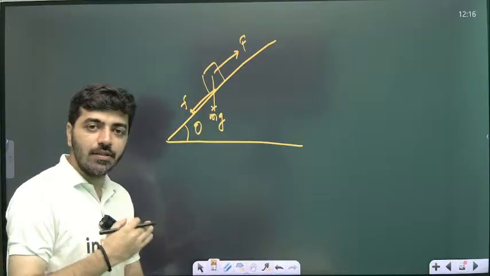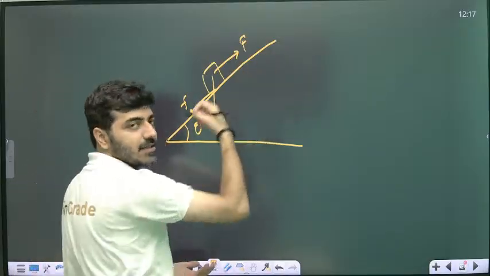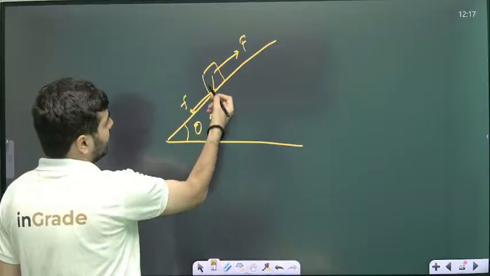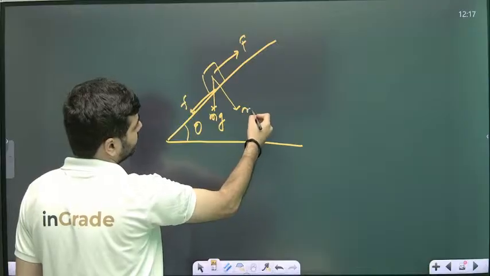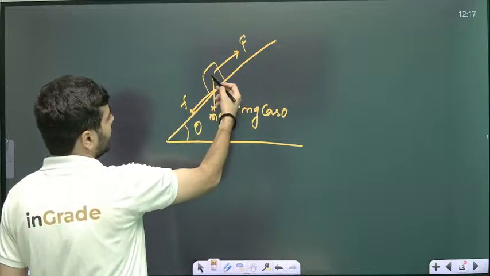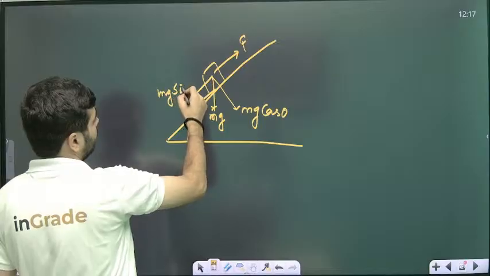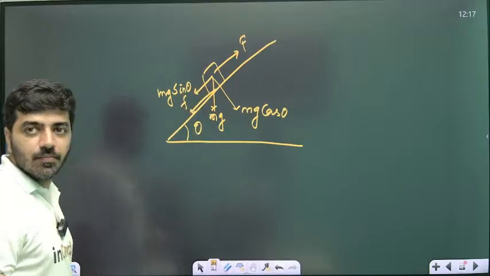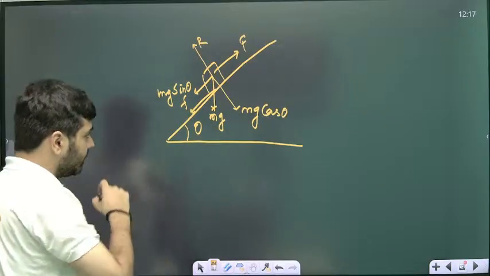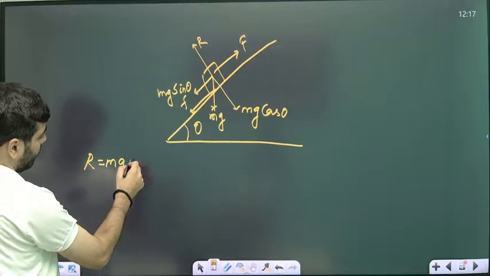If the body is moving in the upward direction, then friction will act in the downward direction. Let's say this is mg cos theta and this will be mg sin theta. R will be the reaction force, then R equals mg cos theta.